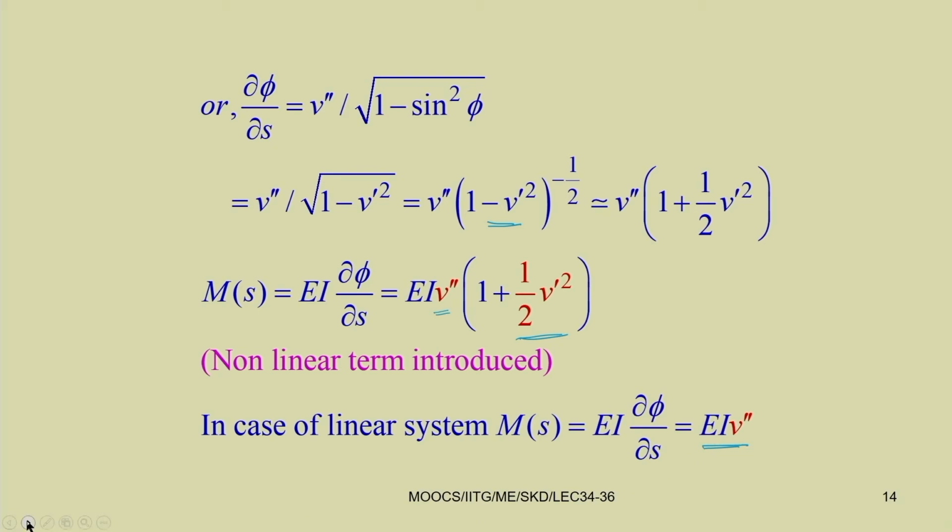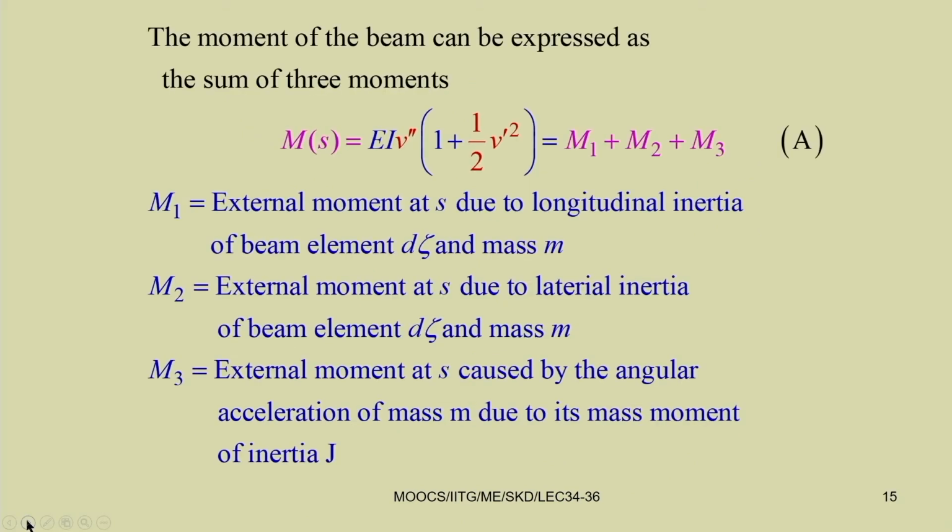From this equation, you can see the moment of the beam can be expressed as the sum of 3 moments, M equals m1 plus m2 plus m3, where m1 is the external moment at S due to longitudinal inertia of the beam element d zeta and mass m. Second, m2 is the external moment at S due to lateral inertia of the beam element d zeta and mass m.